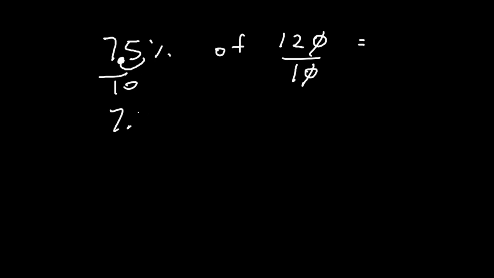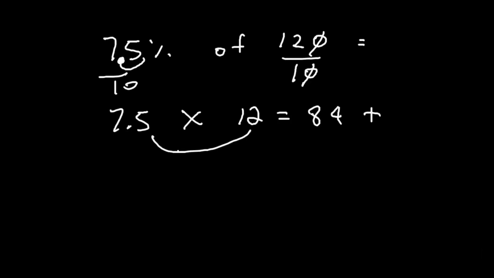Now we have 7.5 times 12. Now I can multiply 7 times 12. That is 84. And now let's multiply 12 times 5. That should give you 60. But remember, you have a decimal point here. Let's put a decimal here. That will be 84 plus 6. That's a total of 90.